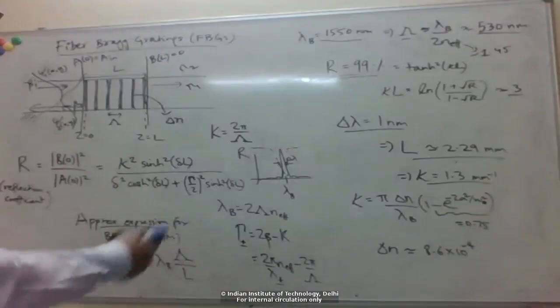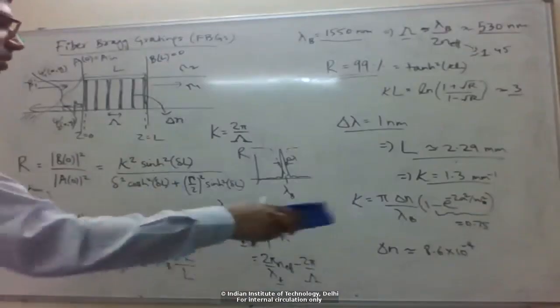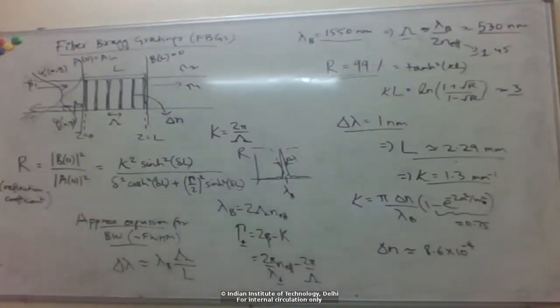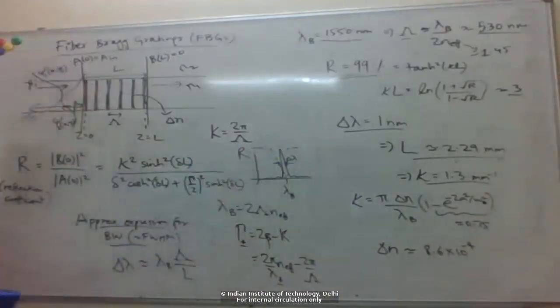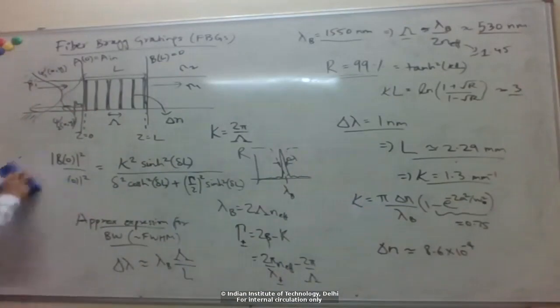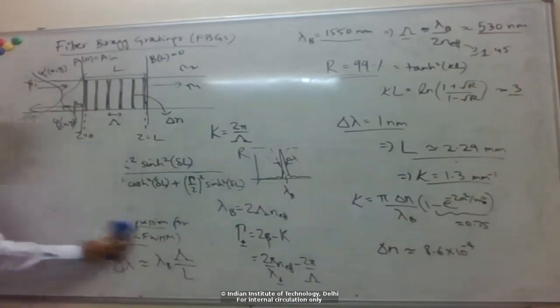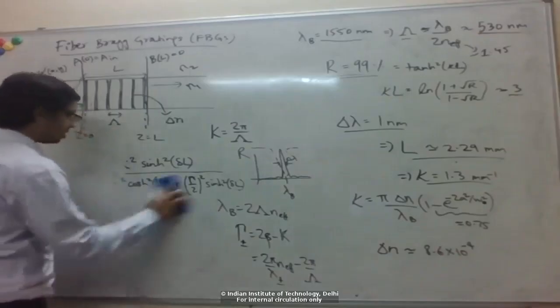So we need to pick out some wavelengths or maybe add some wavelengths into the channel. So they can be used as add-drop filters to add and remove wavelengths.